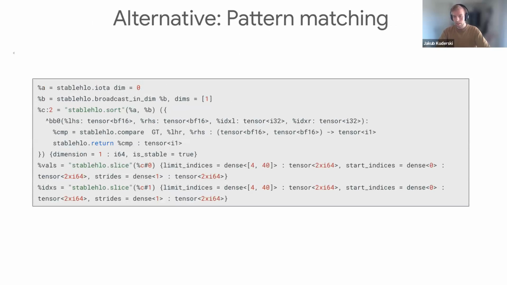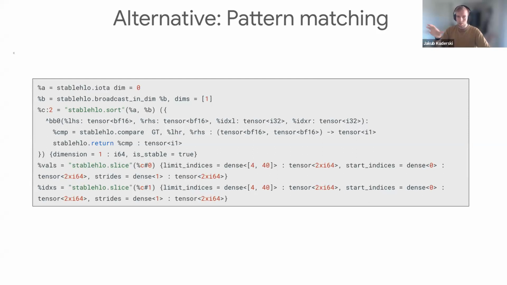Okay. And currently, the alternative is that whatever comes from the front end, we can lower it to some StableHLO. And a typical expansion right now that's sort of naive is to take the high level TopK, turn it into a sort, and then create two slices.